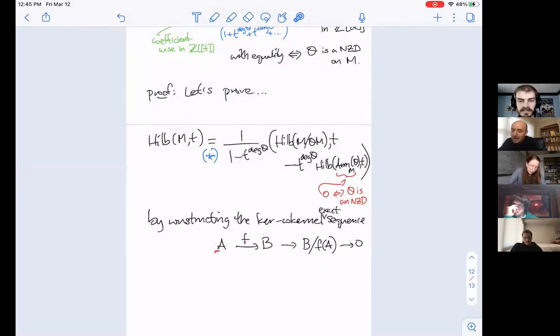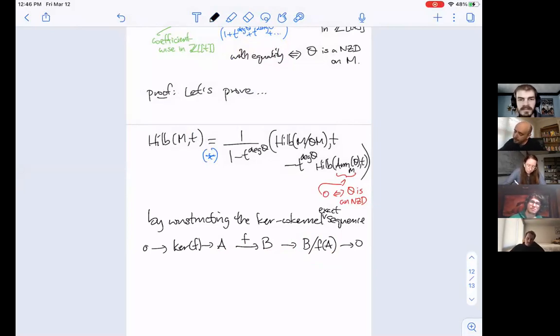So F of A is the kernel of this map. And then how do I make it exact at the next stage? I just put the kernel of F here. So whenever you have just a map between A and B, you always can write down this 4-term exact sequence of vector spaces, modules, graded vector spaces, I don't care.